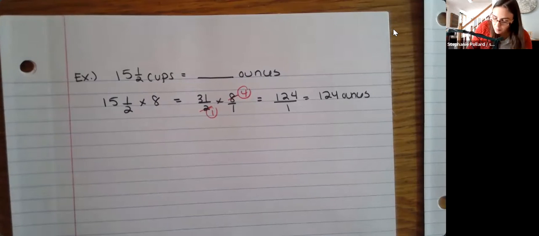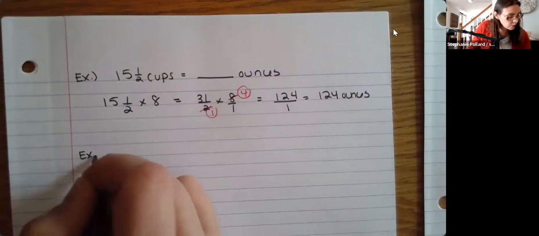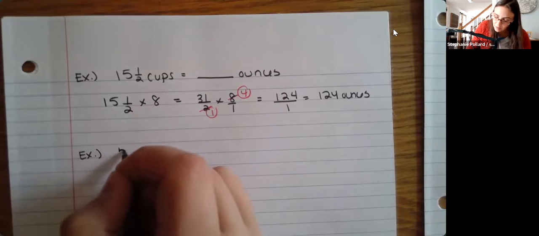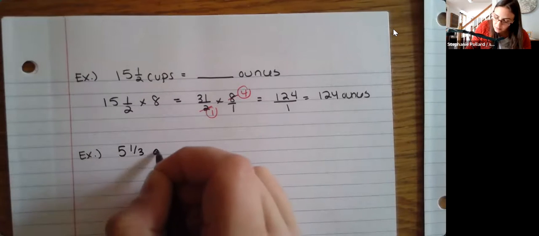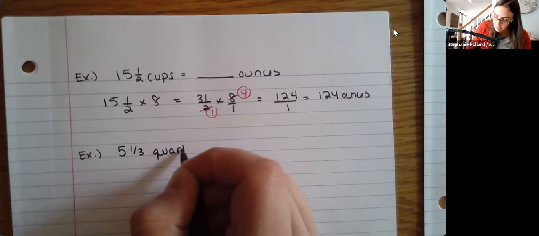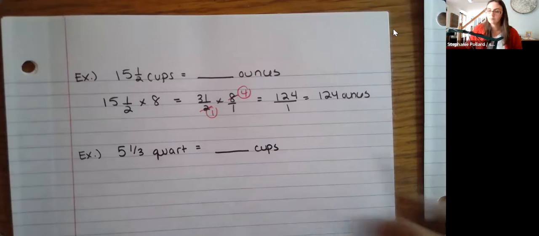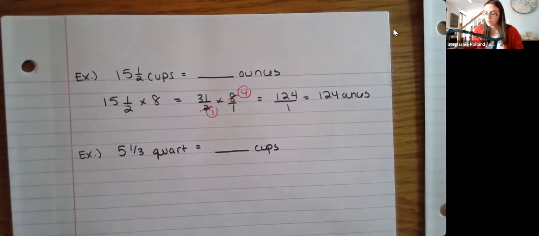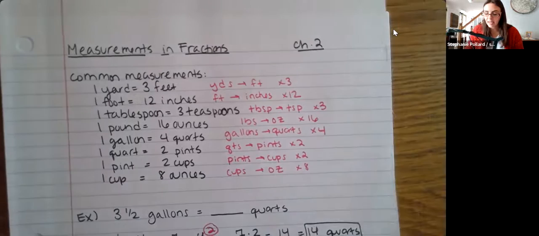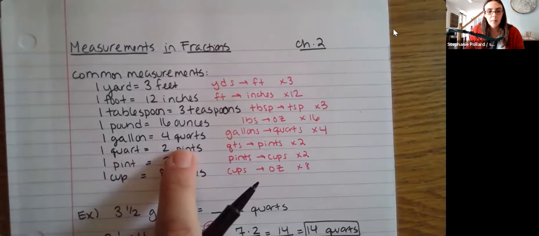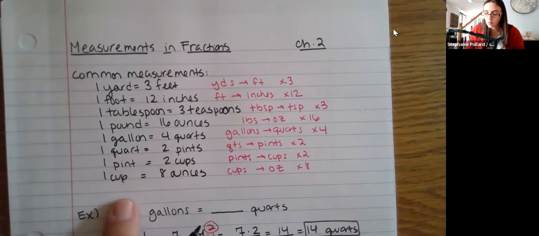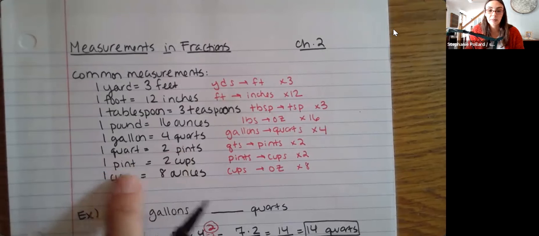Okay, let's do a couple more and we'll do some more challenging ones this time. Let's say I have 1 1/3 quarts, and I want to go to something in cups. So here, if I look again at my chart, I have quarts to pints, but I don't have quarts to cups. So I can go from quarts to pints and then from pints to cups as well.